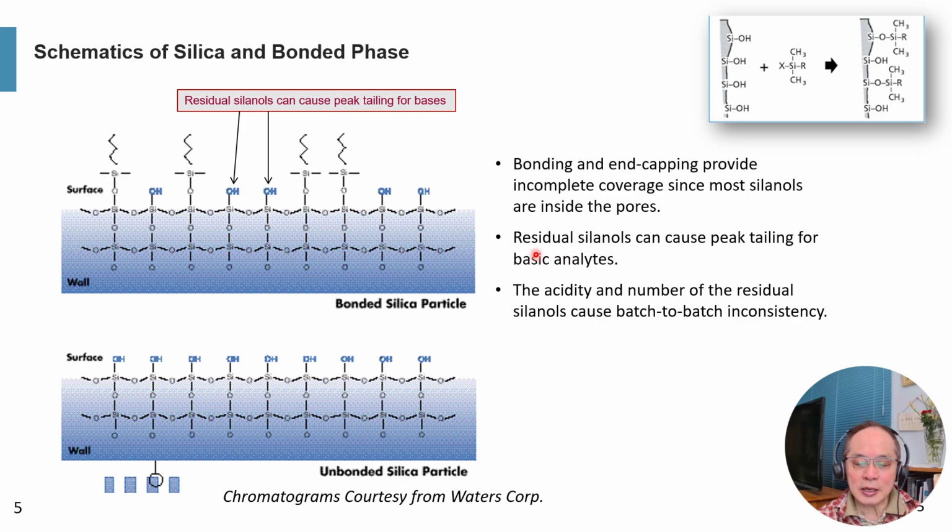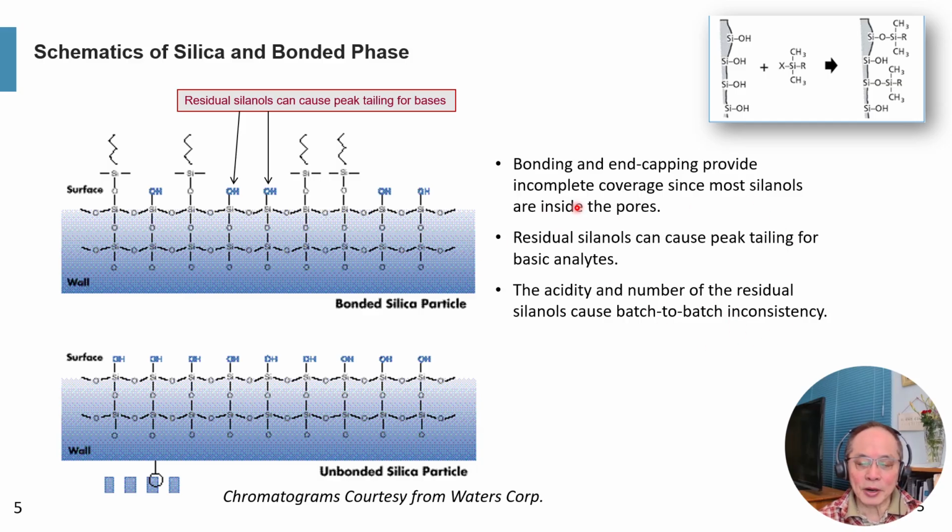So there's still a large number of residual silanol groups. And these can cause peak tailing for basic analytes. For any pharmaceutical compound, which tends to be mostly weakly basic analytes, it could be a problem for peak tailing. The number of residual silanol groups and the acidity or the activity of the silanol groups is very important, and it actually causes batch-to-batch inconsistency or non-reproducibility in the bonded phases.